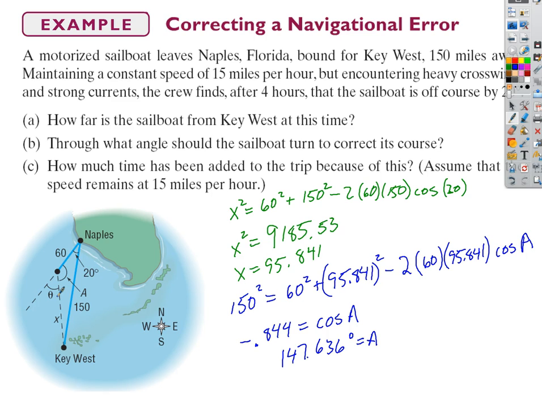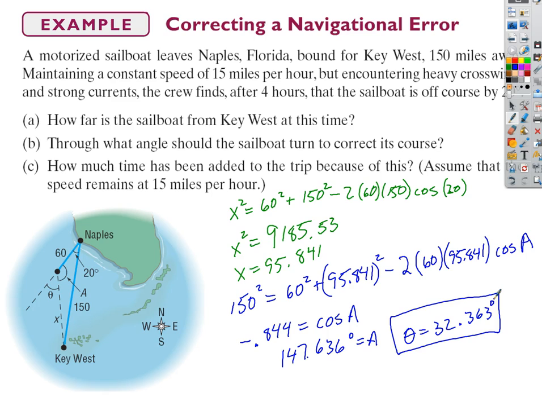I can do 180 degrees minus that 147.636, and I find out that theta is equal to 32.363 degrees. There we go. Whew, it's a lot of work, but I'm not quite done yet.